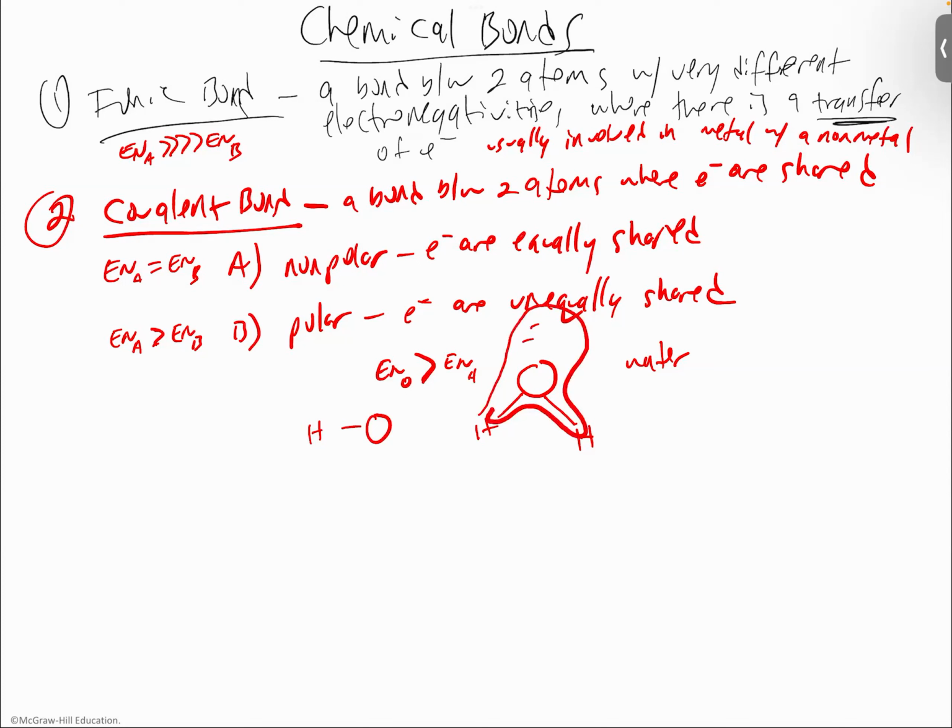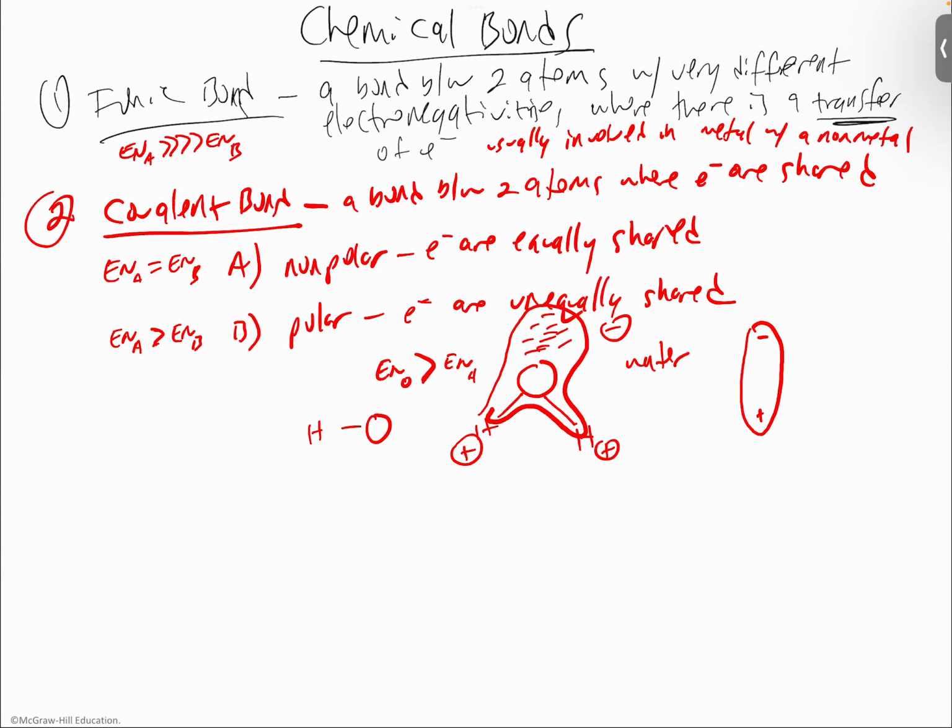What that means is the electrons are going to be spending more time around oxygen than around hydrogen, making the oxygen side of the molecule look slightly negative. The hydrogen side of the molecule is going to look slightly positive. What this basically means is you created a molecule that has a polarity to it. It has a negative-ish looking end and a positive looking end. That's a polar molecule.